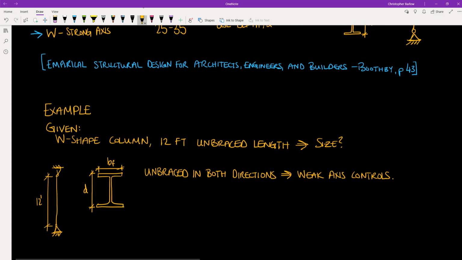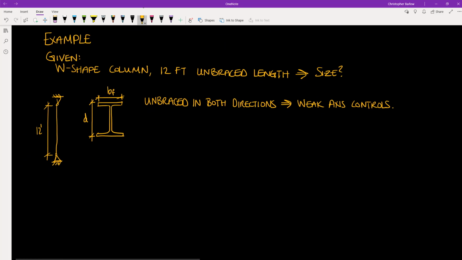Now let's look at an example of sizing a steel column. So, given a wide flange shape that is 12 feet tall and unbraced in both directions, what size section should we choose? Well, given that it is unbraced in both directions, we know that the weak axis will control.